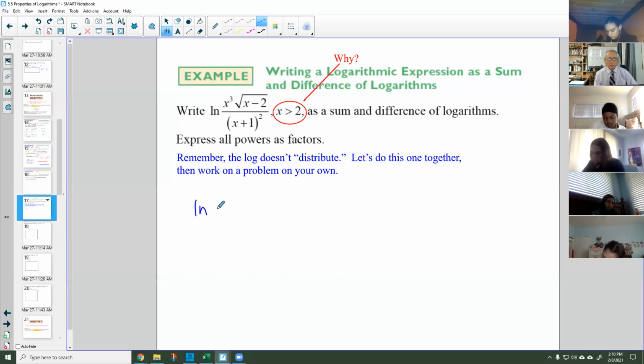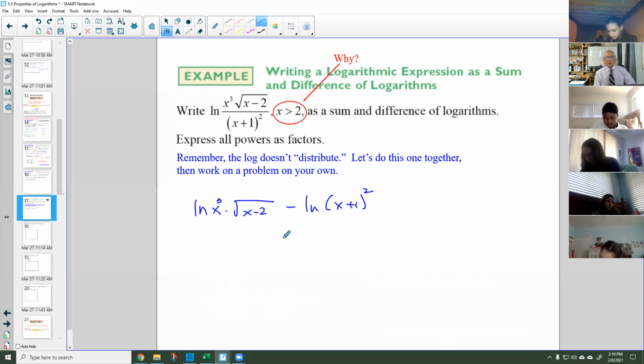Ln x cubed, the square root of x minus 2. And then that's minus ln of x plus 1 squared. Everybody okay with that? Okay, so far so good.